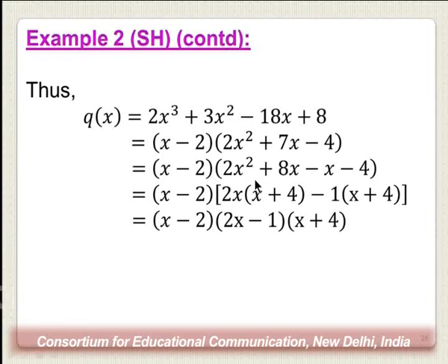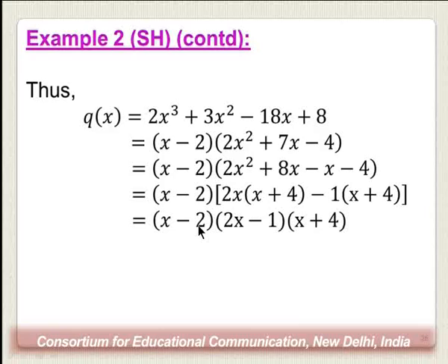And the quadratic portion you can further split up as 2x squared plus 8x minus x minus 4, which then gives us, if I take 2x common here, 2x times x plus 4 minus 1 times x plus 4, and that then gives us q of x as a product of linear factors, which is x minus 2 times 2x minus 1 times x plus 4. So here you see, if integer roots exist, the information on integer roots can really be helpful to solve problems like this one.